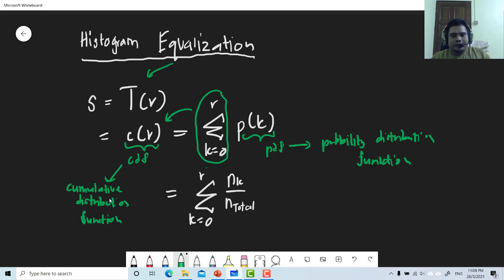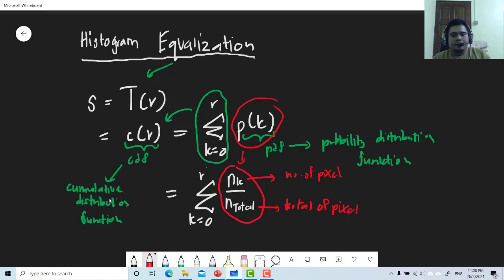The probability distribution function is defined by this, to find the distribution of the probability of each and every value. This is the number of pixels, and this is the total number of pixels inside your image.